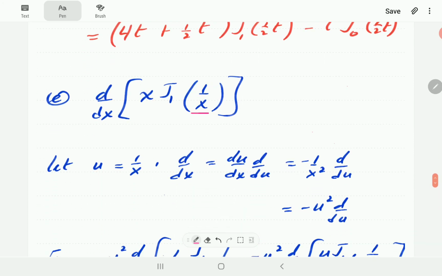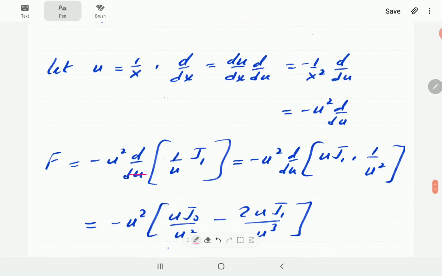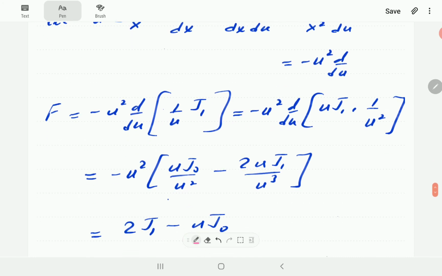In E again, since this is not x, we introduce a new variable u equals 1 over x, and so d dx becomes negative u squared d du. Rewrite the whole derivative. Here we could just differentiate this actually because it's J1 over u, and then write everything in terms of J0 and J1.